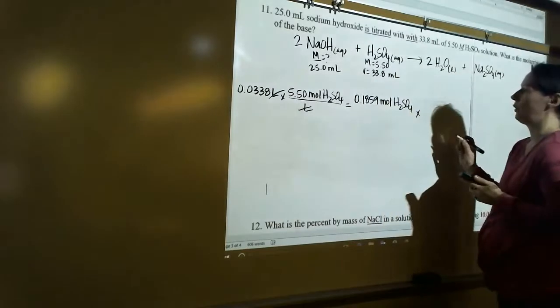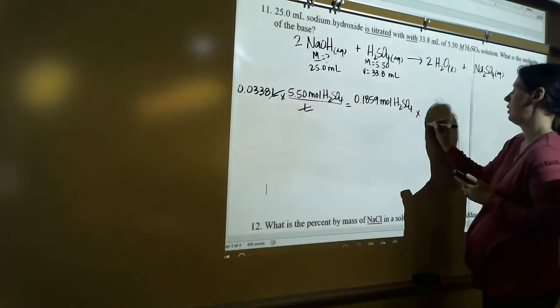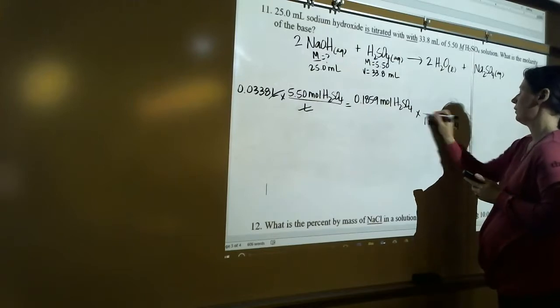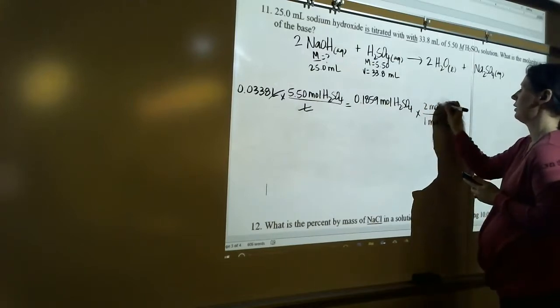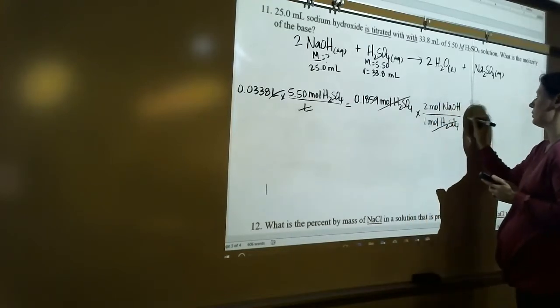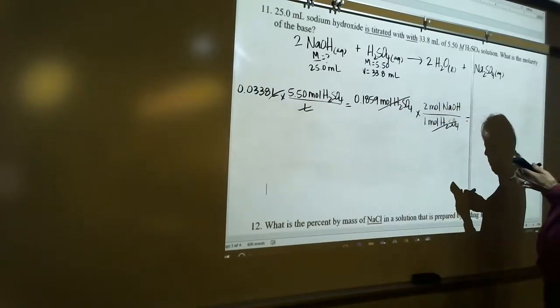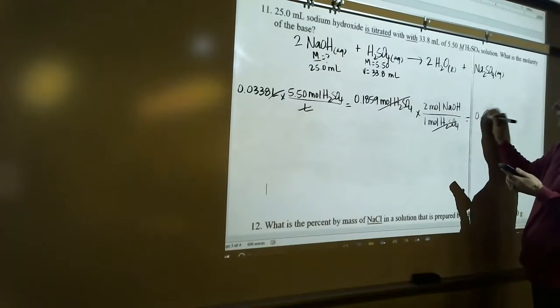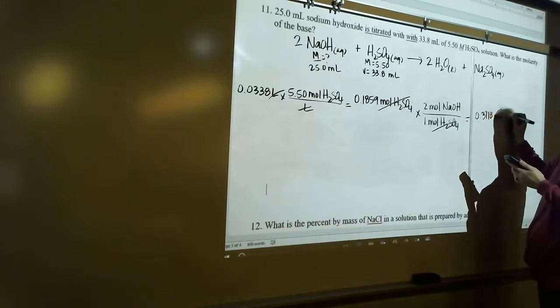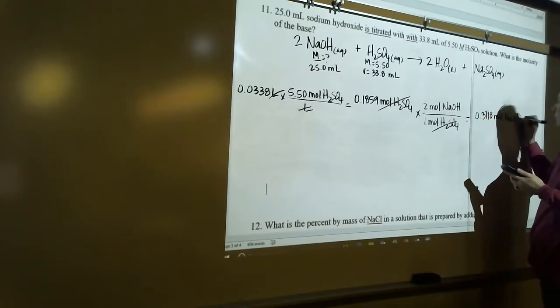Let's multiply by the mole ratio, which is still 1 to 2. 1 mole H2SO4 for every 2 moles NaOH. So I'm just taking my number and multiplying it by 2. So that gives me 0.3718 moles NaOH.